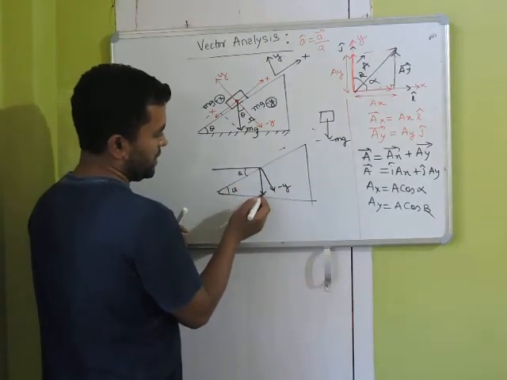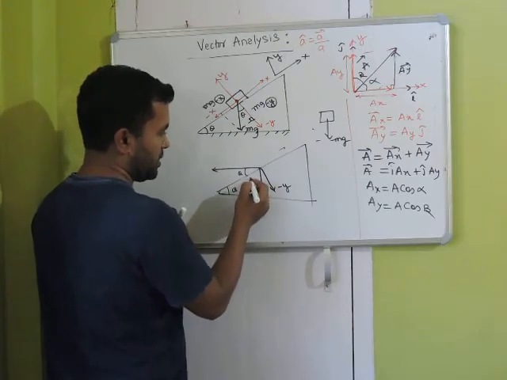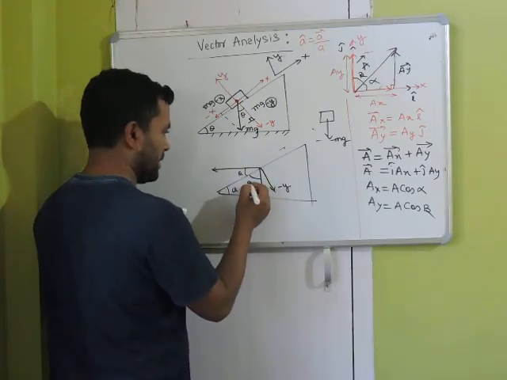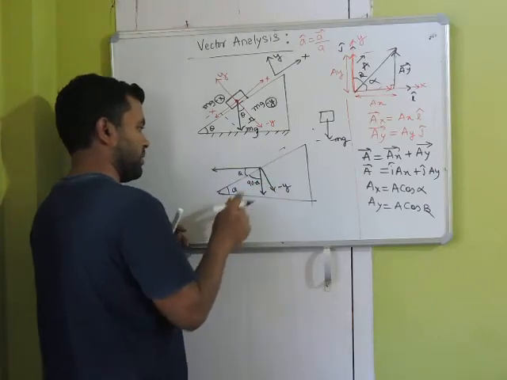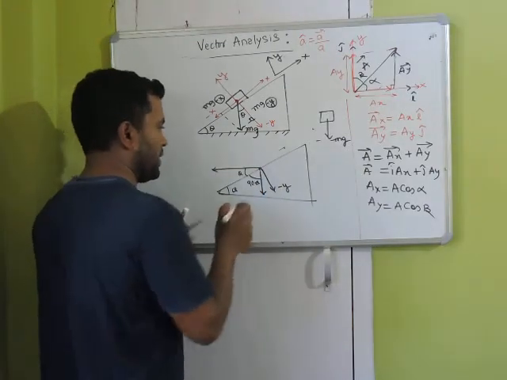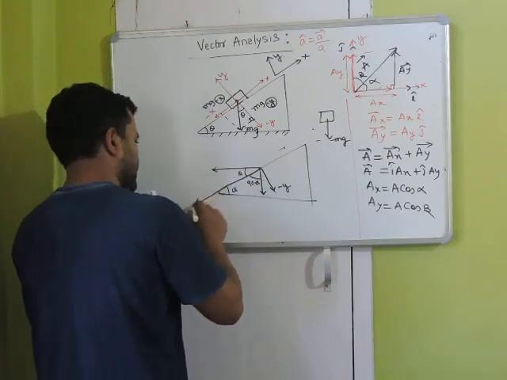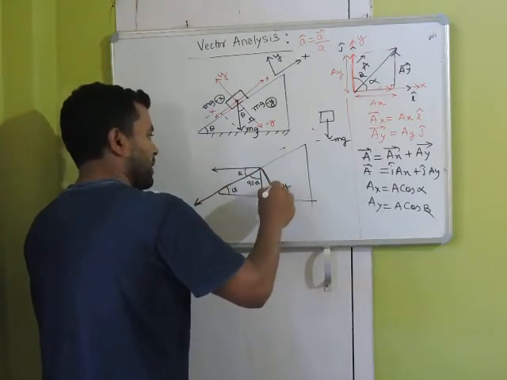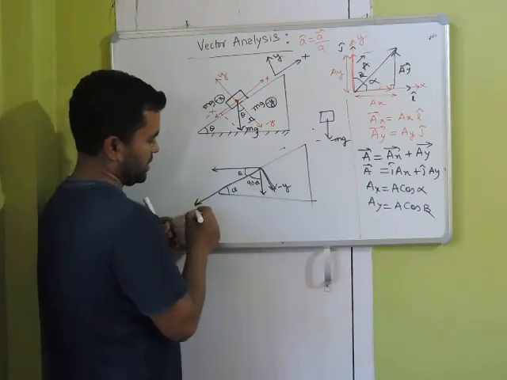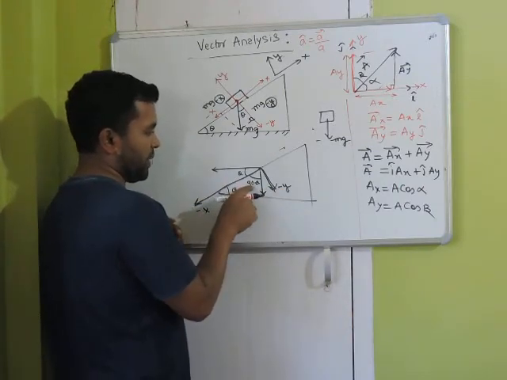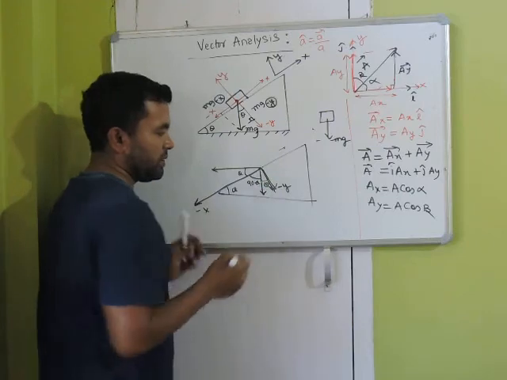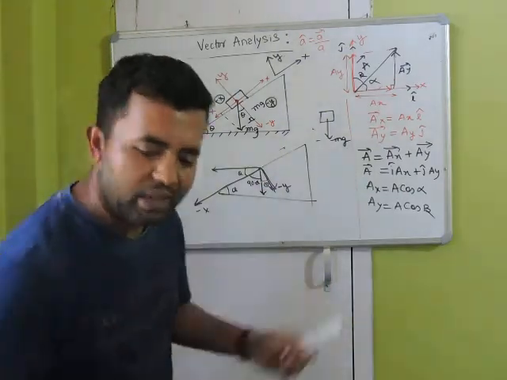Now you can see this line and this line are perpendicular, so this is 90 minus theta. Okay, why? Because this and this is perpendicular. Now see, this line I have drawn big, minus x, and these are also perpendicular, so this is minus x, this is minus y, so 90 minus theta, this must be theta. Okay, so this angle is theta.